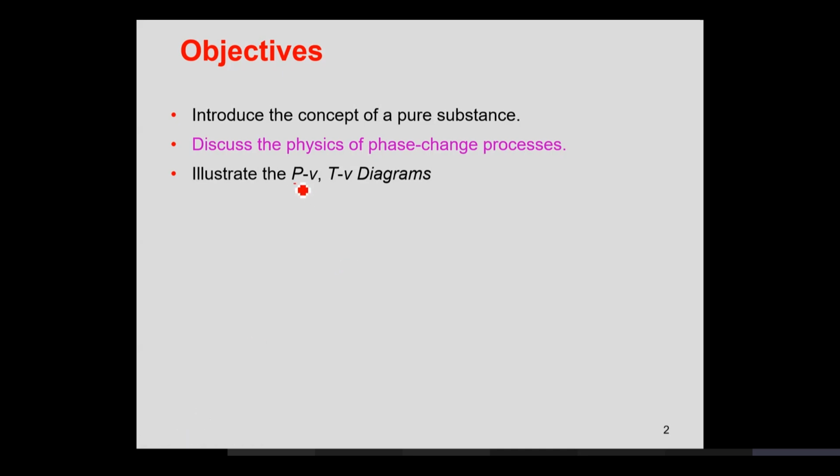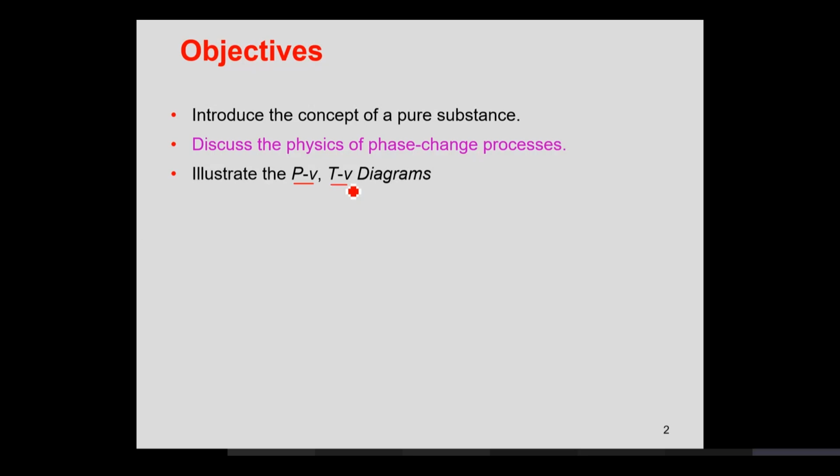By the way, do you know why we have chosen these two characteristic properties, pressure-specific volume and temperature-specific volume, for the process diagrams? Because the system is a simple compressible one, they are independent and intensive properties. Yes, we have chosen two independent intensive properties to identify the state of the system.